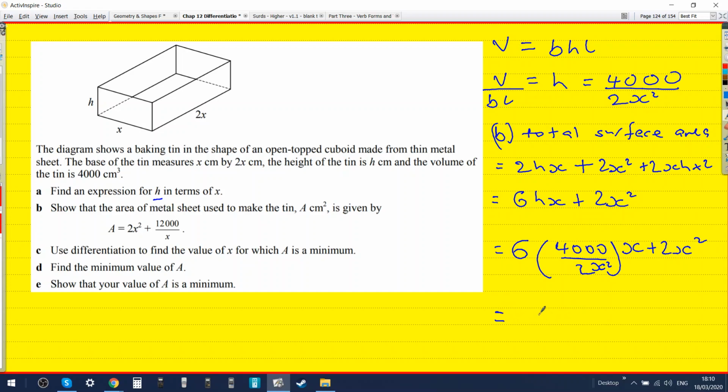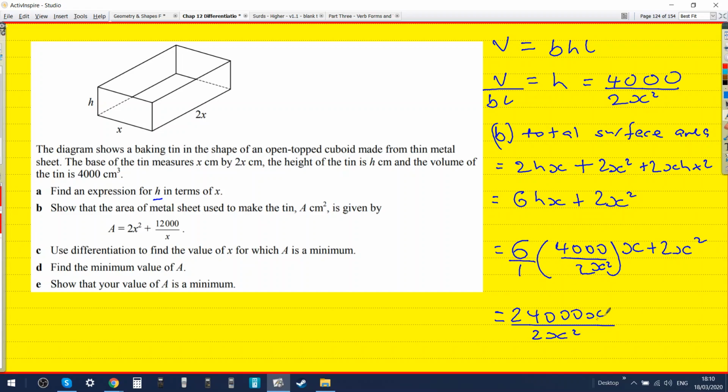So 24,000 over 2x cubed. No, 24,000x over 12x cubed, 2x squared.